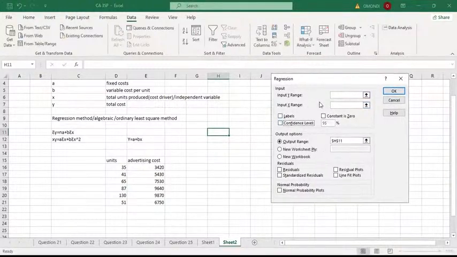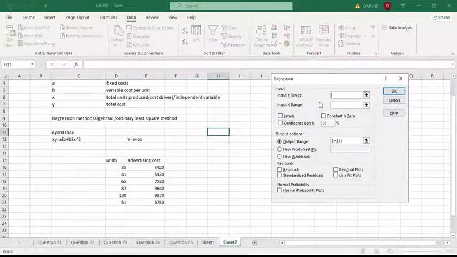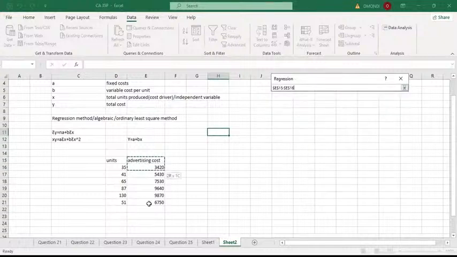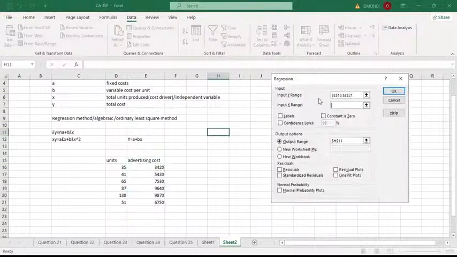So the first thing is to have Y input. Our Y is the total cost, which we agreed. Our X input is the units. Remember, we are highlighting it, including the titles. Then we instruct Excel here that whatever we've highlighted, that range includes a title.